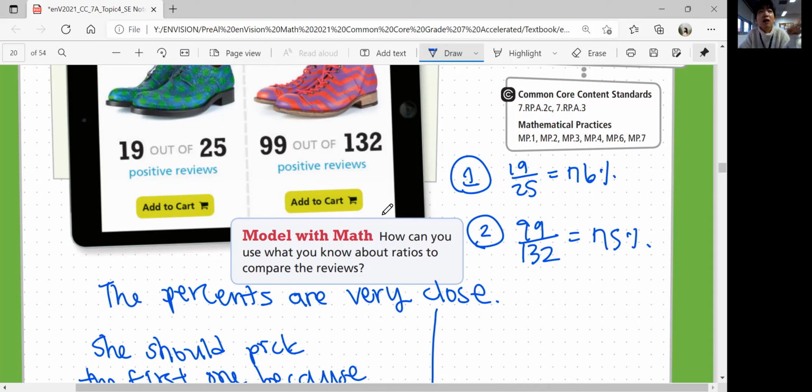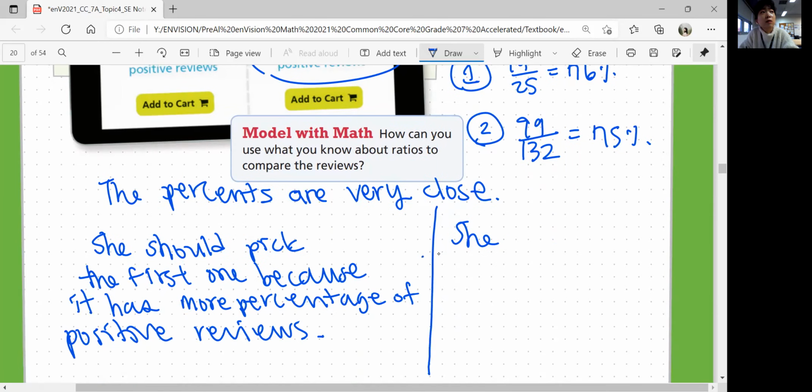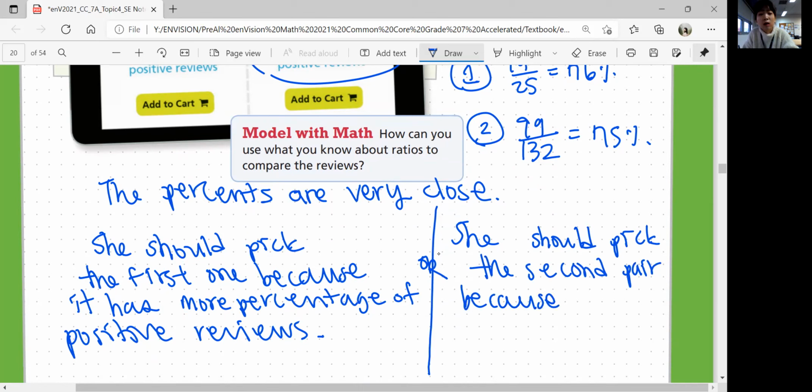So if they are pretty close as far as the positive review percentages, then you can also recommend the second pair because it has more reviews. So you could also say she should pick the second pair because it has more reviews. Okay.